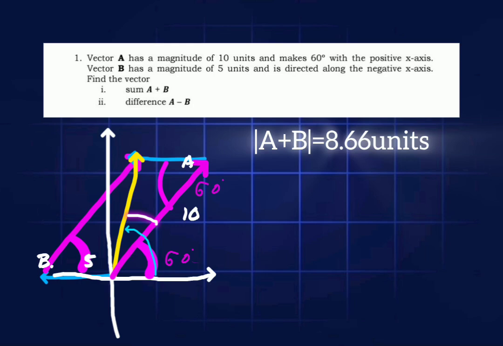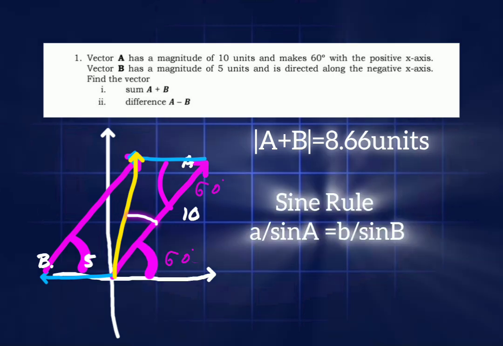Now how are we going to do that? We need to use a bit more trigonometry. We want to find the angle which is here. We ask ourselves what side is opposite to that angle. This is a 5. So we utilize what is called the sine rule, and we pair each angle with its opposite side.